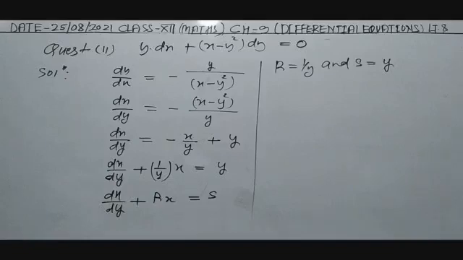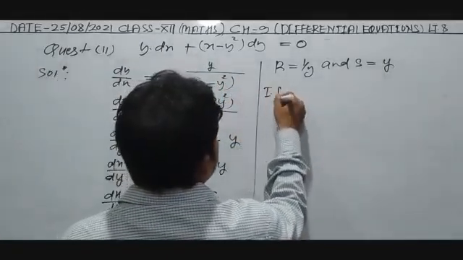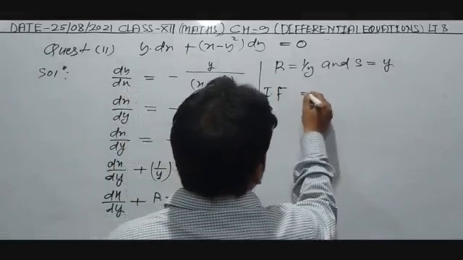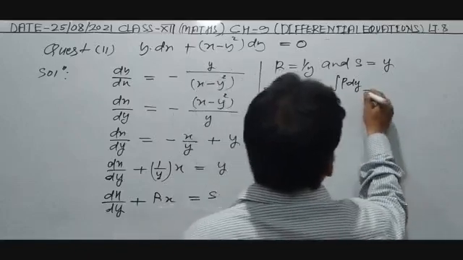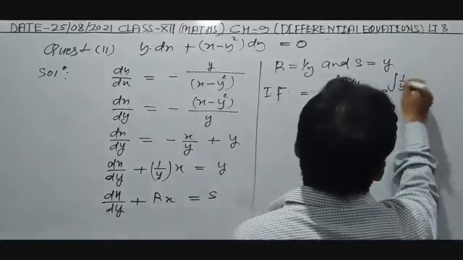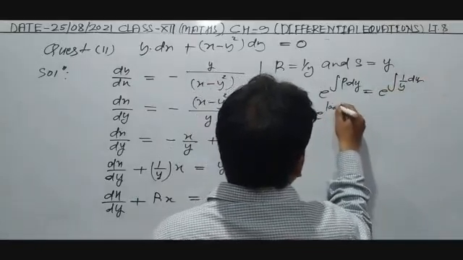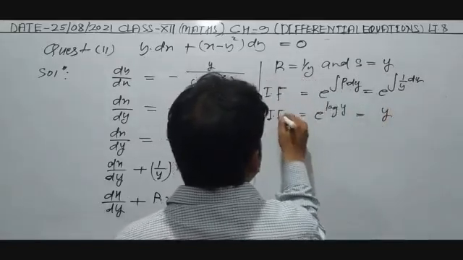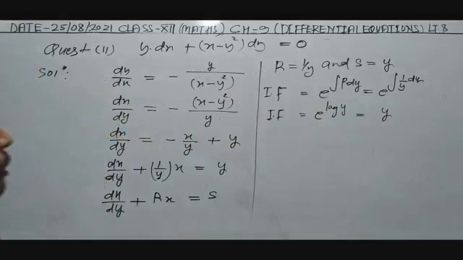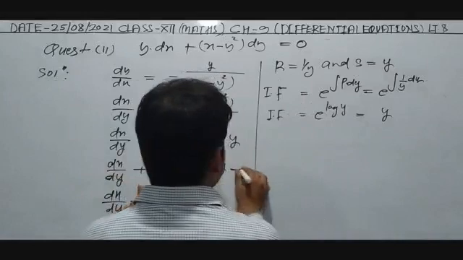The integrating factor IF is equal to e to the power integration of R dy, which we can write as integration of 1 upon y dy, and the integration of 1 upon y, you know, is log of y. So log of mod y, and now its result will be y. So the integrating factor will be equal to y, and now we have to multiply the integrating factor into the given equation. This is considered equation 1.